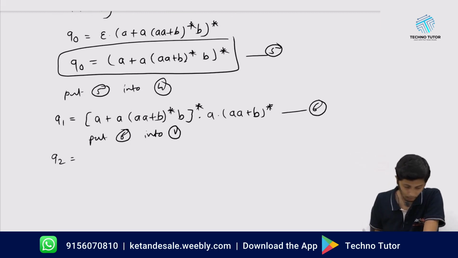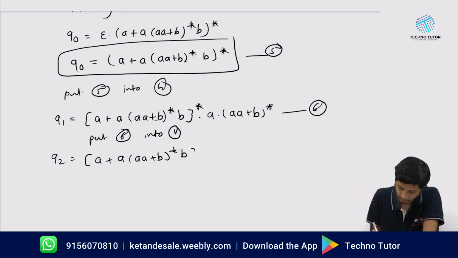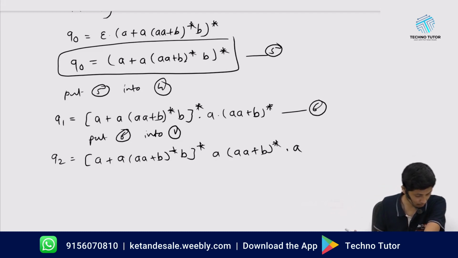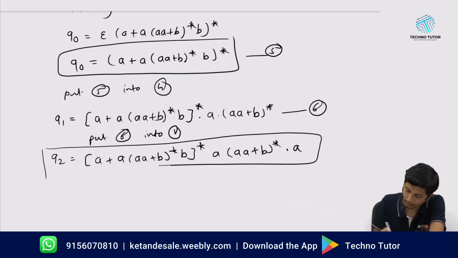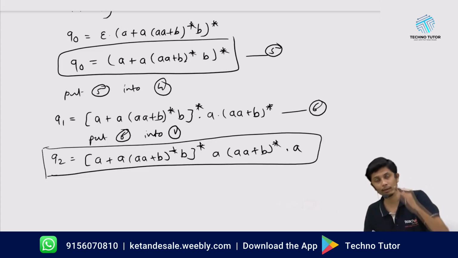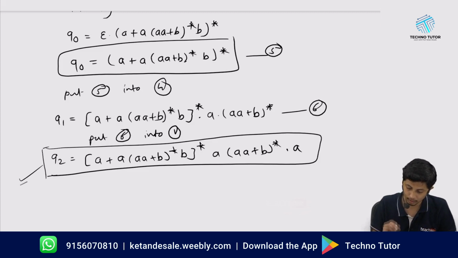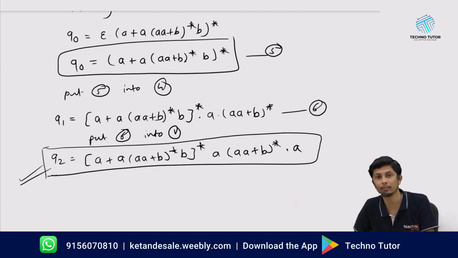Okay, so Q2 का value होगा अपना, so A plus this A, so A plus B raised to star B, A and A plus B raised to star और ये होगा आगे का A. Okay, so this is how we will get the equation of Q2, and Q2 is our final state. So this is your regular expression for the given example. Okay, so likewise you can use Arden's theorem to calculate the regular expression of any given example.